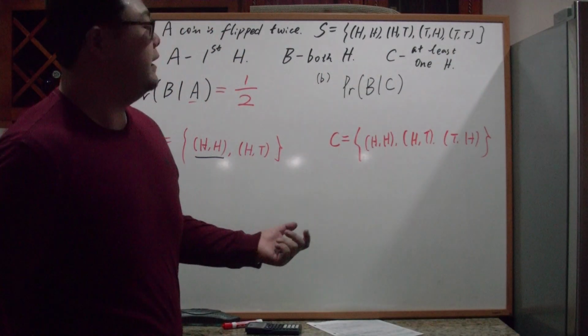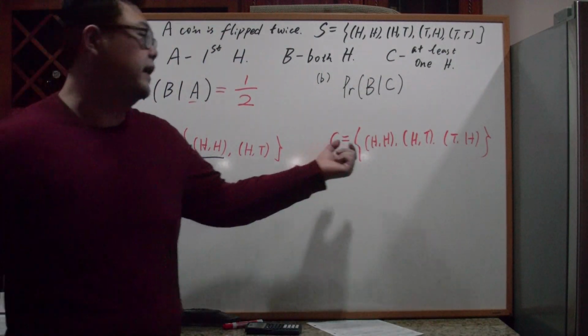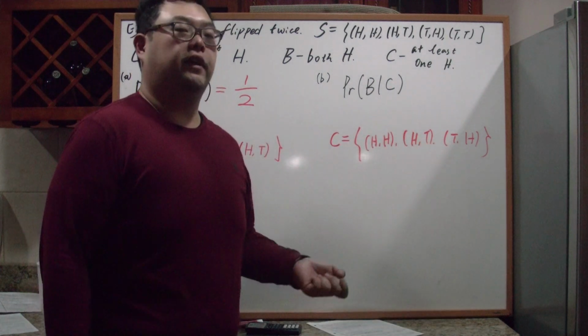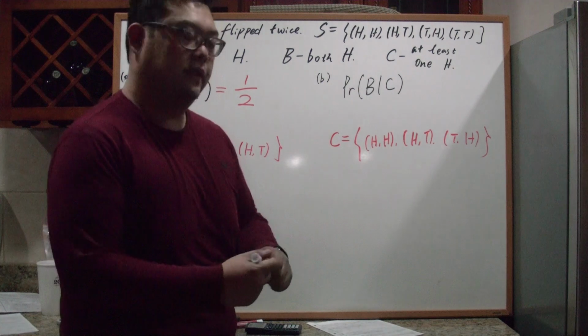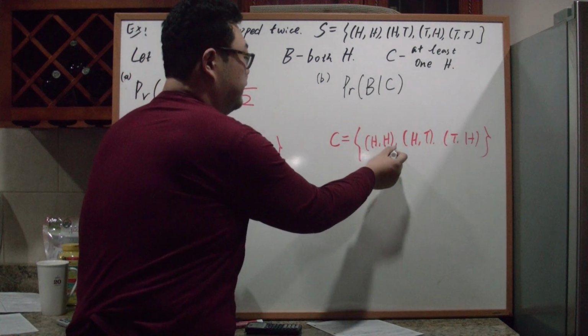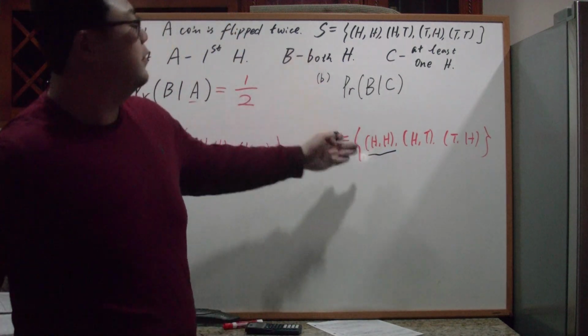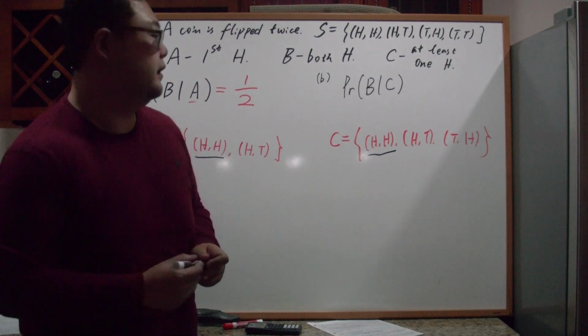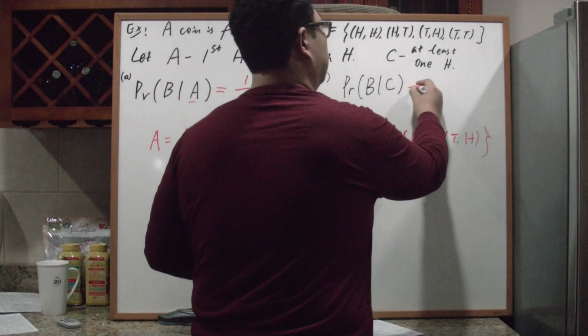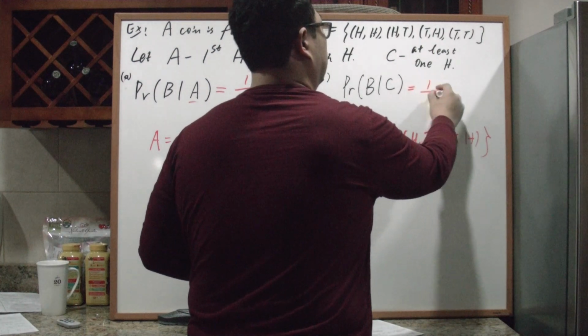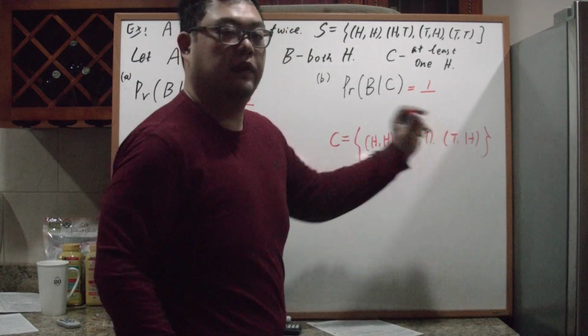So the event C gives a new sample space containing 3 outcomes: 1, 2, 3. In that we still can get both heads, and that probability is 1 out of 3.